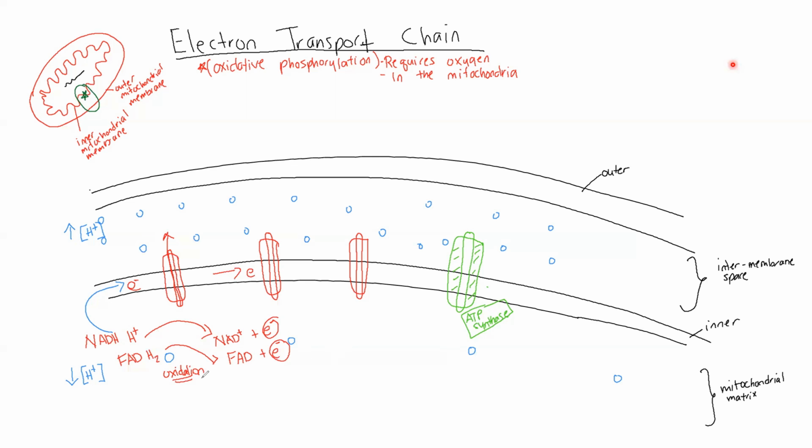from a place of low concentration to a place of high concentration, and that's why we end up having much more of our hydrogen ions in the intermembrane space as compared to the mitochondrial matrix, okay?